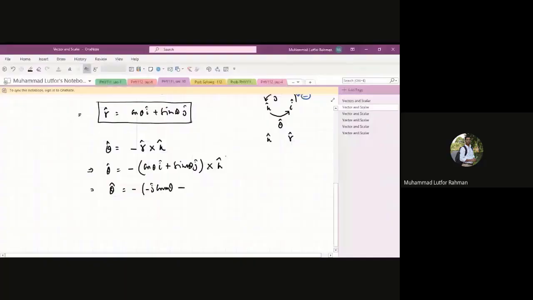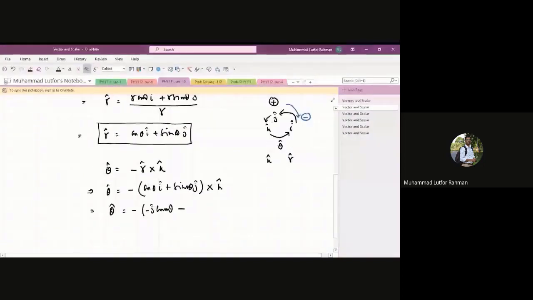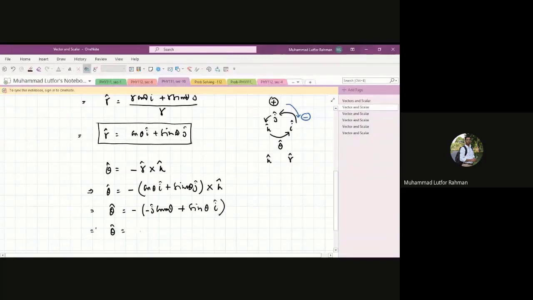J cross k, I'm moving counterclockwise, so now I find plus i. So that's why I write plus sin theta i hat. Now you'll find this theta hat can be written in the form minus sin theta i hat plus cos theta j hat.